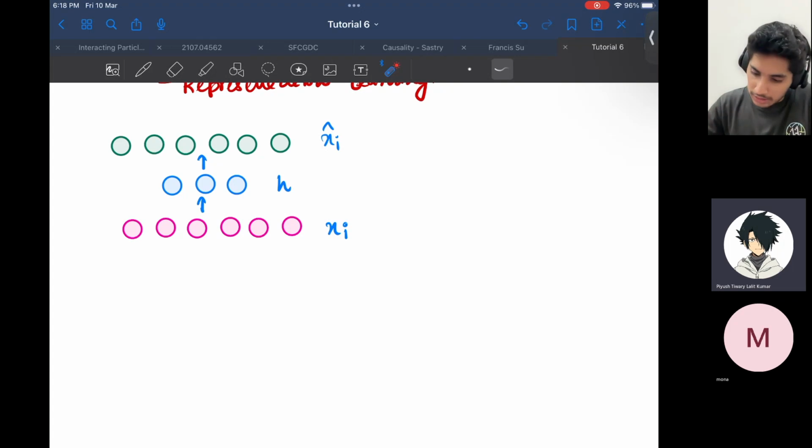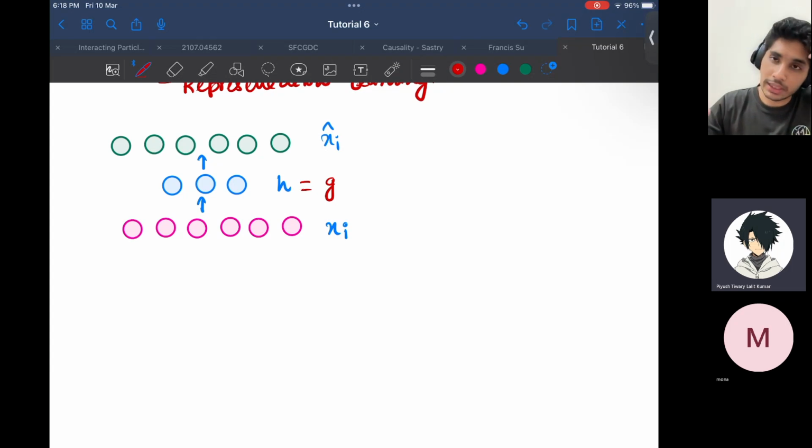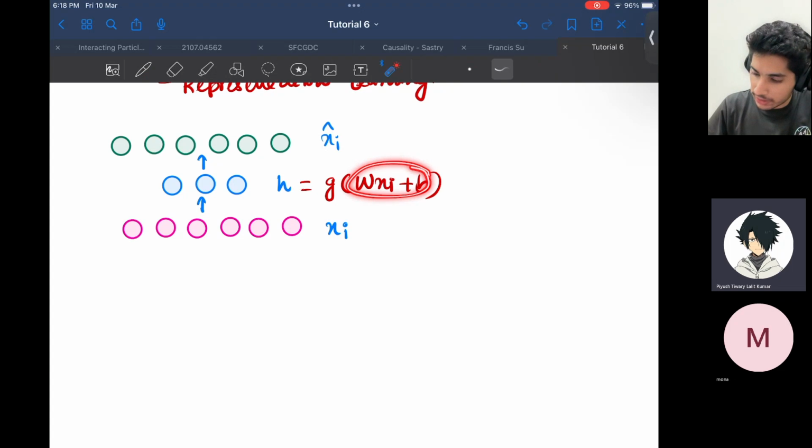Mathematically speaking, what is h here? h is some activation function g. Remember the basics of neural networks: you have a linear affine transformation, and consequently an activation function applied to it. So h = g(W xi + b), the affine transformation with an activation function applied on it.